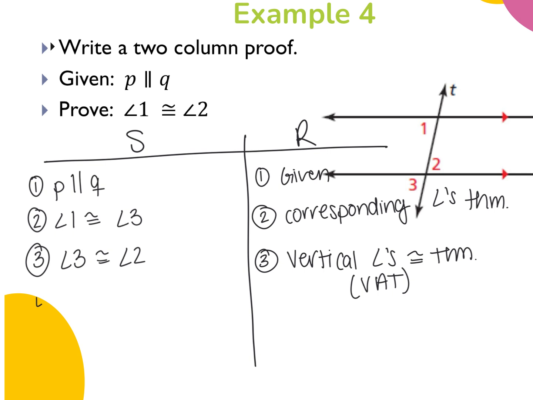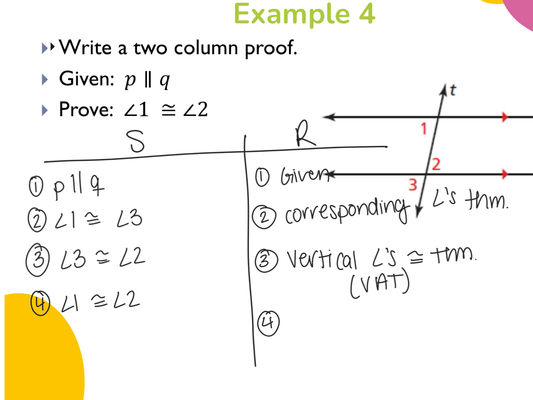And then my last one for 4, I have angle 1 is congruent to angle 2. And how do I know those are congruent? How do I know angle 1 is congruent to angle 2? Yes, but I'm looking at what I've used before. So when I say look at, what do I have here? What can I do?